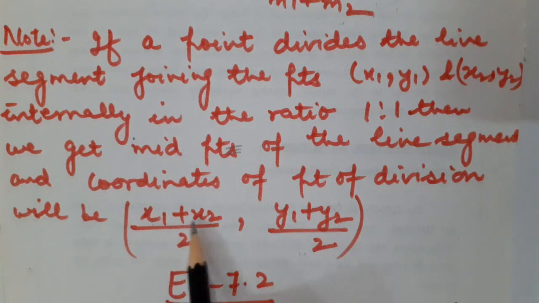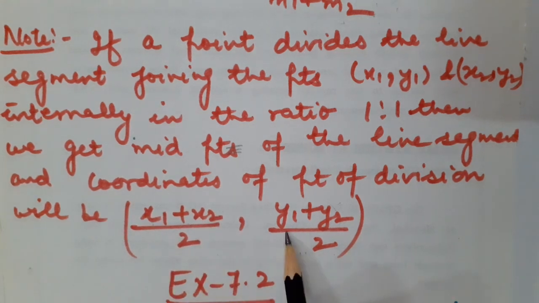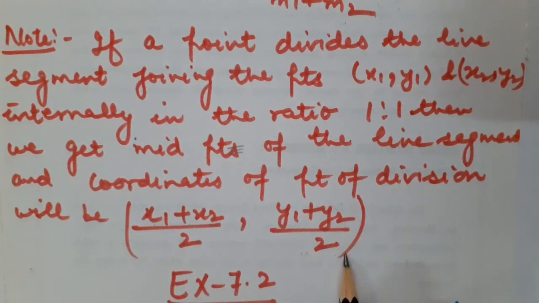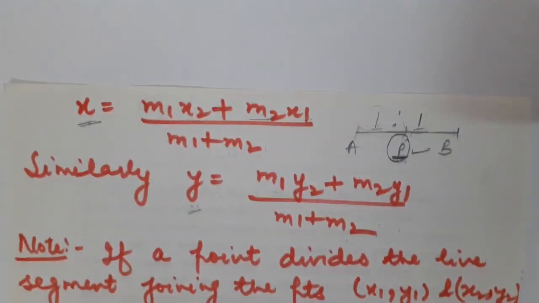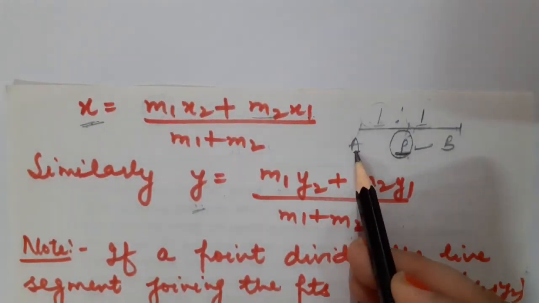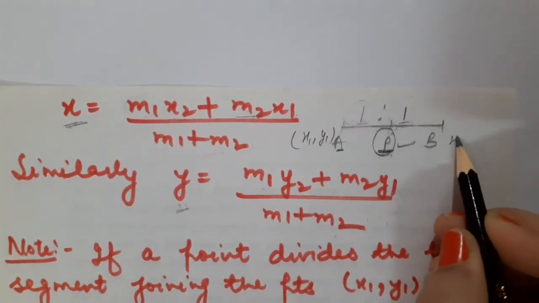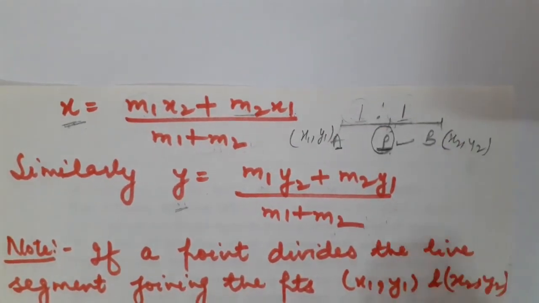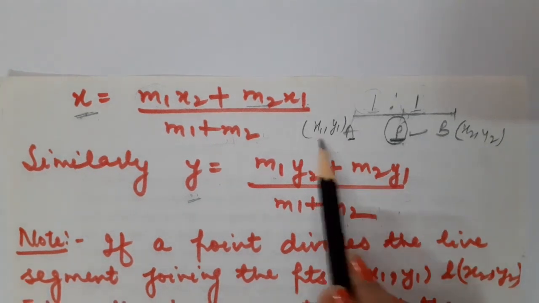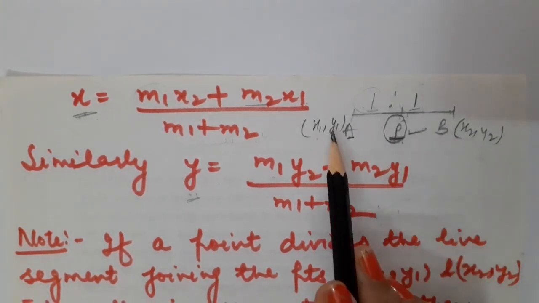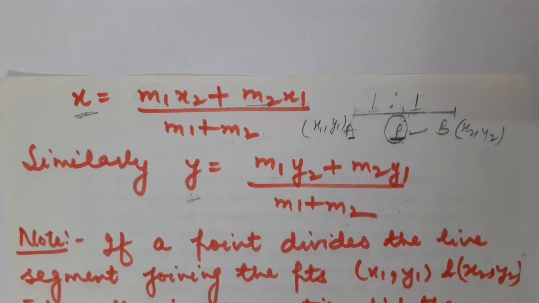They will be x1 plus x2 divided by 2, y1 plus y2 divided by 2. Fine, students? Just have a look. Here you will be having x1 comma y1, and here you will be having x2 comma y2. So, how to calculate the midpoint's coordinates? x1 plus x2 divided by 2, y1 plus y2 divided by 2.